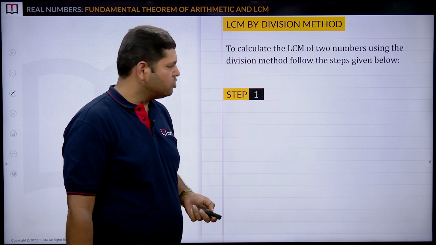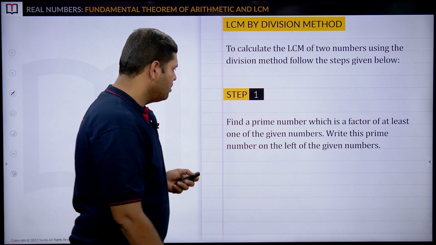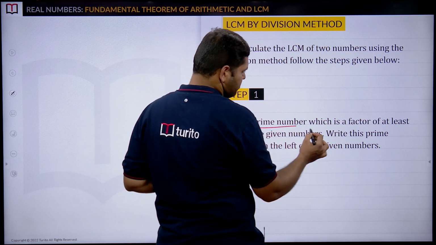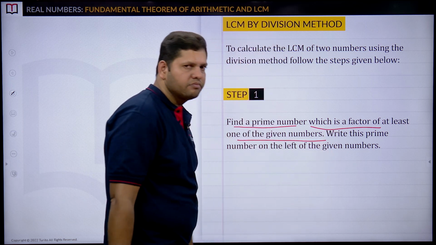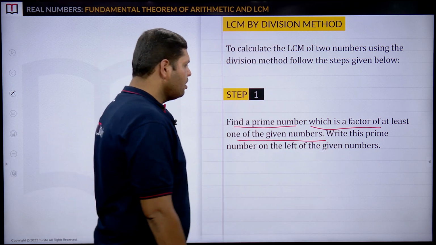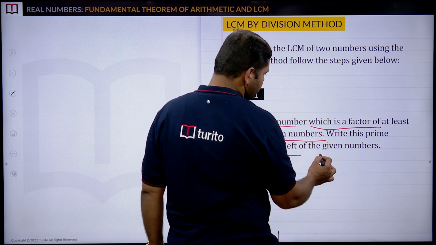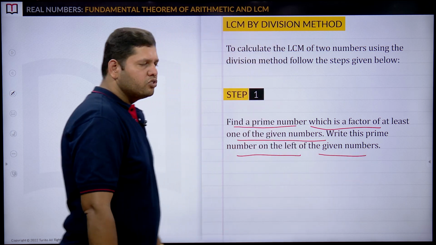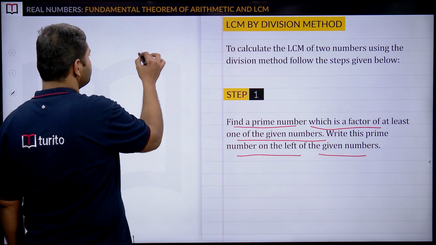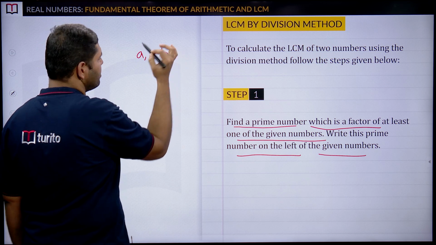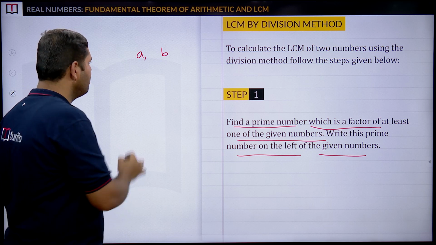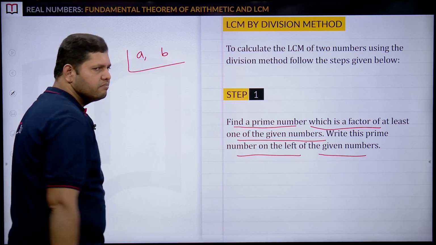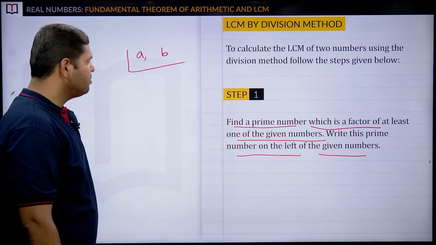Step number 1. So what is step number 1, children? Listen here. Find the prime number which is a factor of at least one of the given numbers. Write this prime number on the left of the given numbers. Suppose A is one number and B is another number, and I want to find the LCM of A and B. Draw a horizontal and a vertical line.